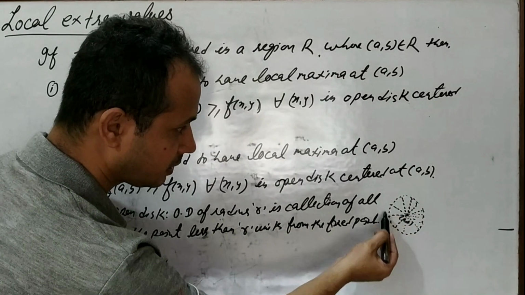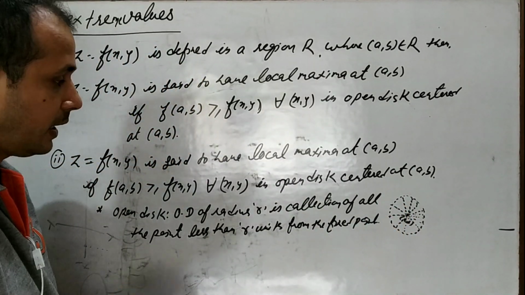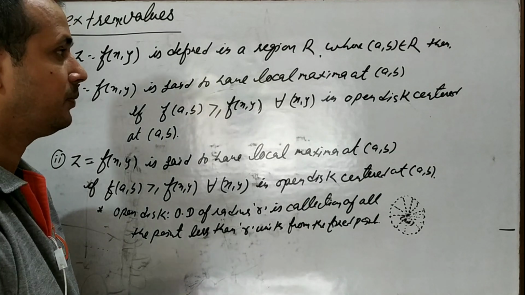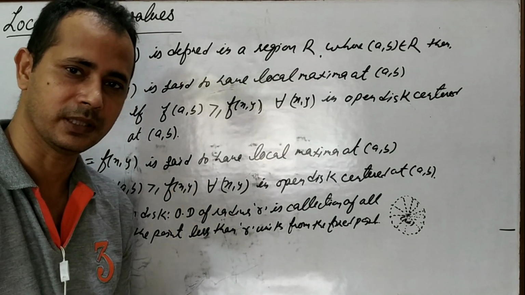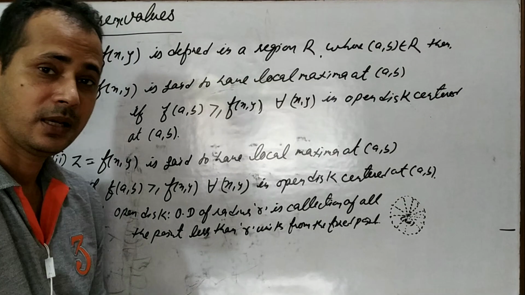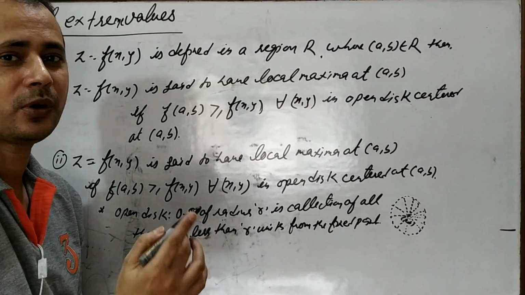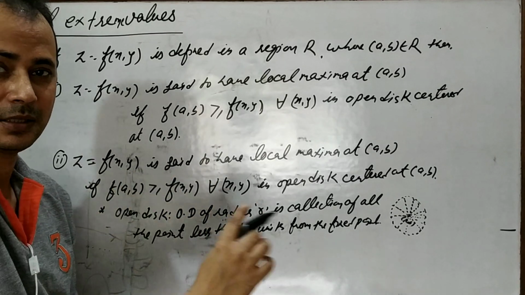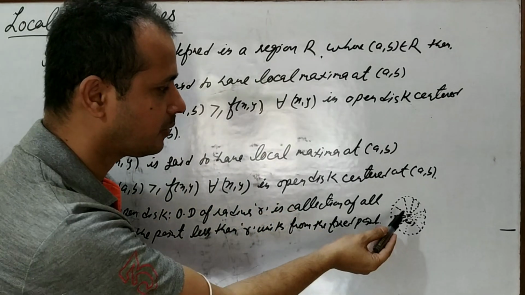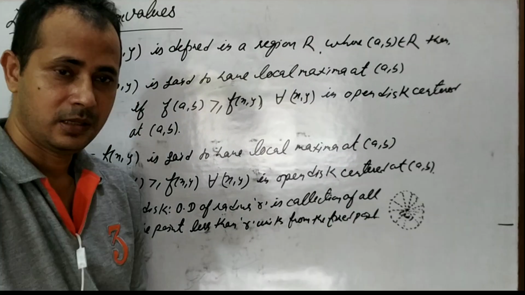So this is the disk, and here we need to understand that if the given two variable function has a local maxima at the particular point (a, b), then f of (a, b) must be the highest among all the values of f of x y within this disk.